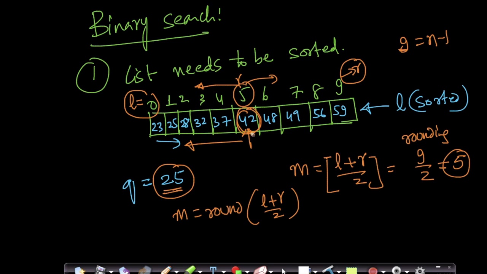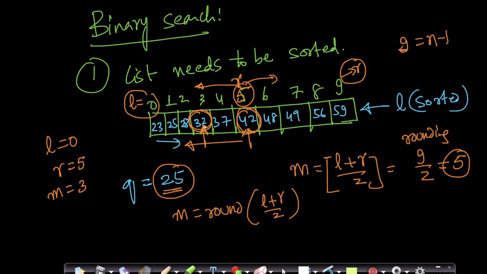Since 42 is greater than 25, I will move my R to 5. Now my L is 0 and my R is 5. What is my middle element now? 0 plus 5 by 2, and when I round it up, I get 3. So now I'll check the third element, which is 32.